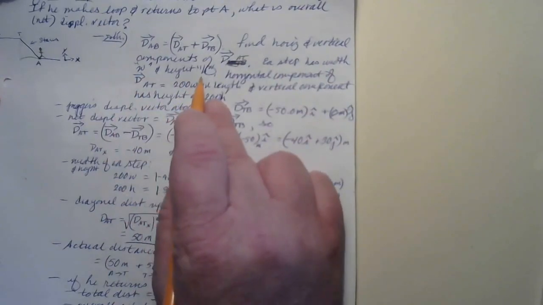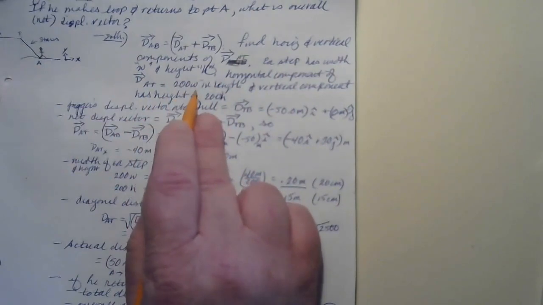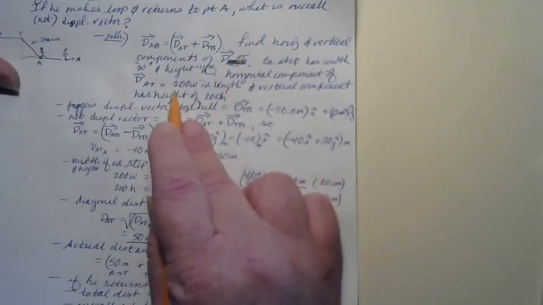Anyway, each step has a width W and a height H. The horizontal component of the vector from A to T is 200 W in length, because it said 200 steps, and they're all the same size.